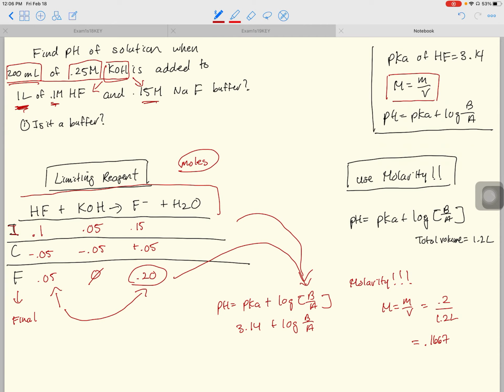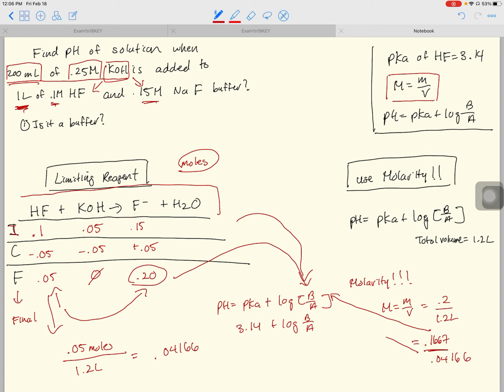Okay? So that is what I'm going to put for base. And then what's the concentration of HF? Well, the moles was 0.05, and our volume was 1.2 liters, and therefore that is 0.0416. Right? So I'm going to put that down here.